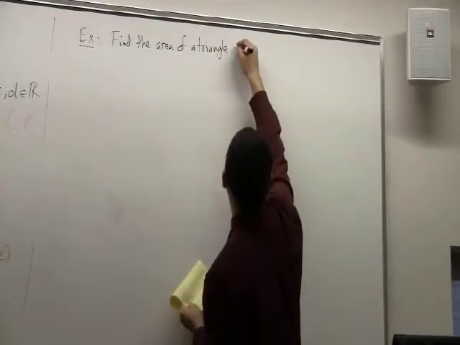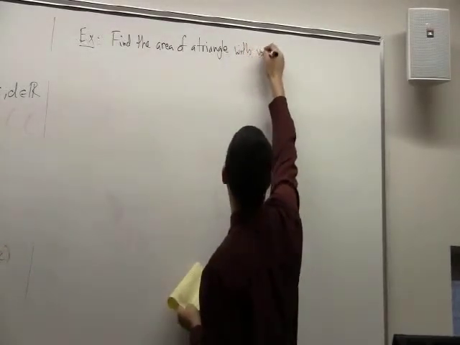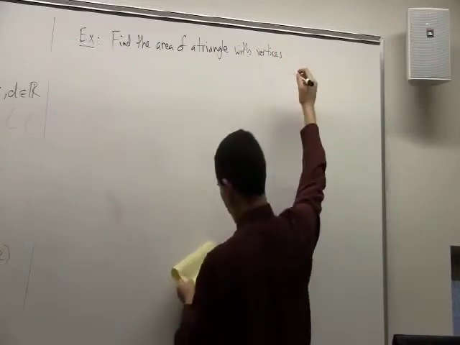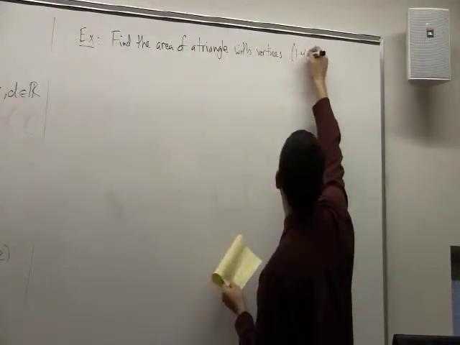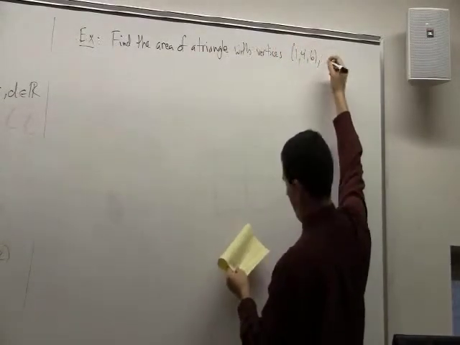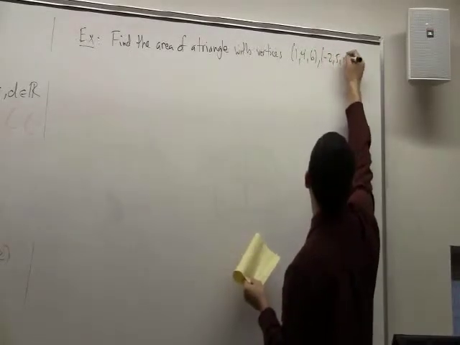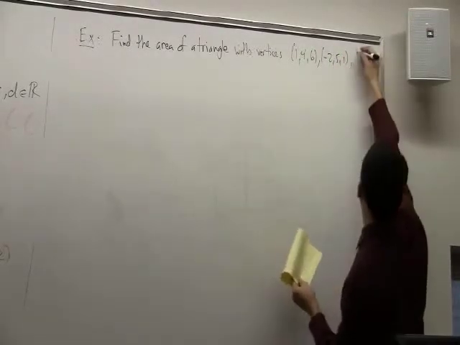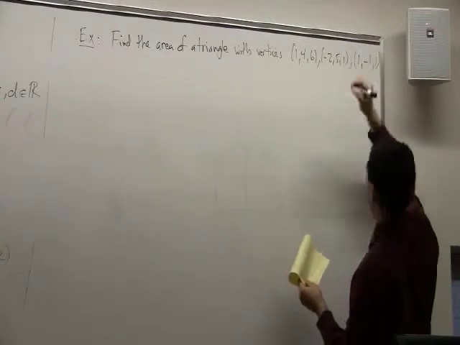So let's find the area of a triangle with vertices (1, 4, 6), (-2, 5, 1), and (1, -1, 1).